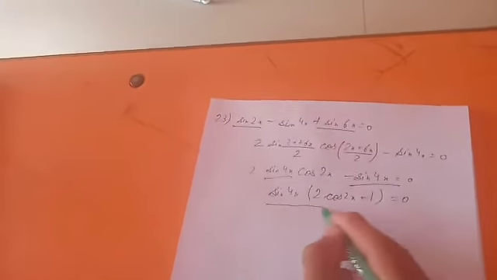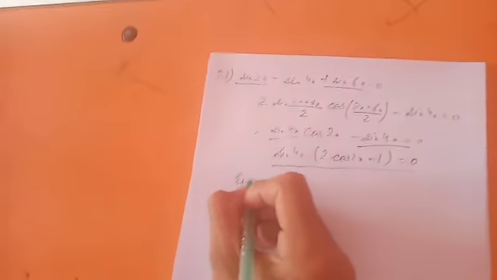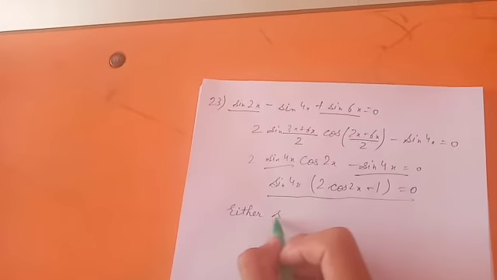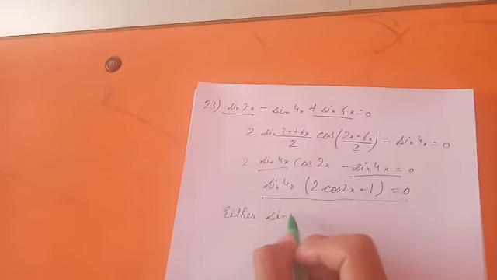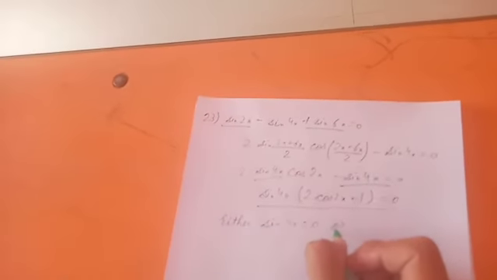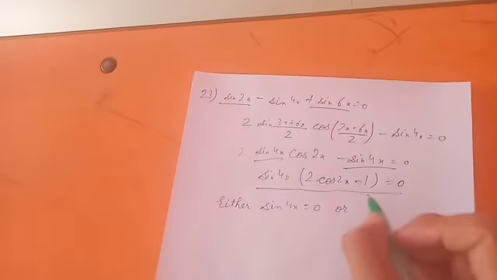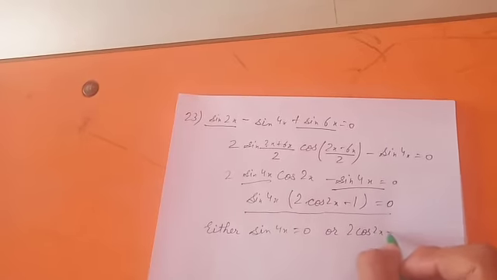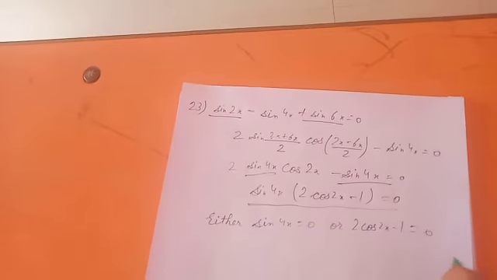Now if we got this, then either sin 4x is equal to 0 or 2 cos 2x minus 1 is equal to 0.